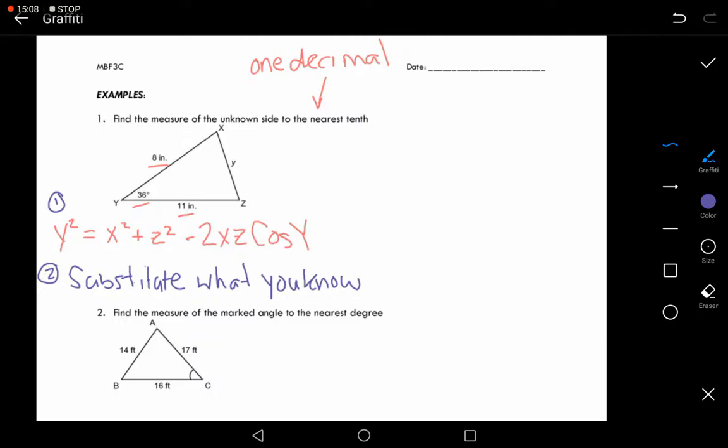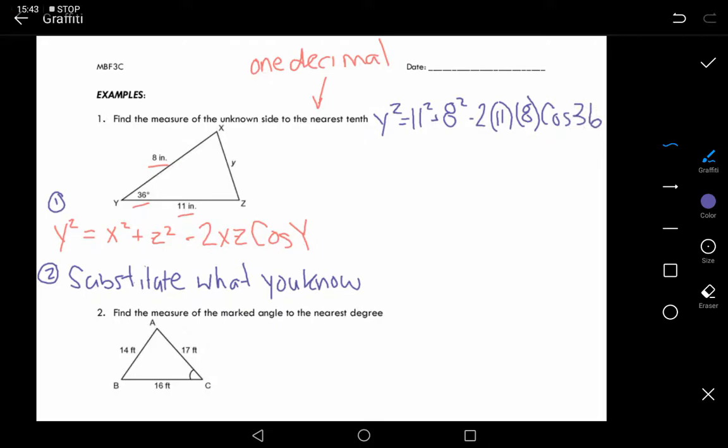Okay, so we don't have y squared, right? That's what we're looking for. Am I gonna have enough room? I'll make it fit. Okay, so side length x, so 11 squared plus 8 squared minus 2 times 11 times 8 all times cos 36.